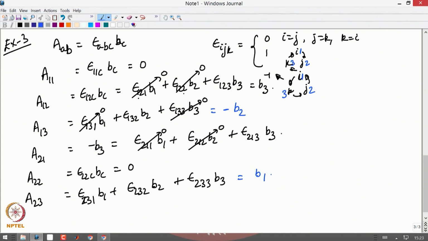So, similarly, I can find the remaining components of A B, namely A31, A32 and A33.